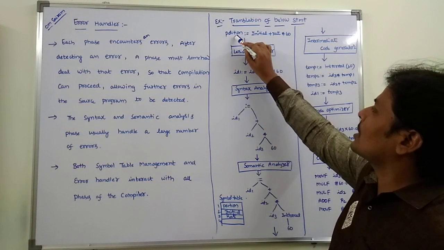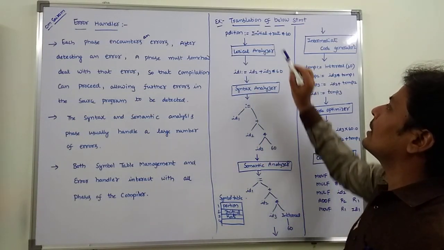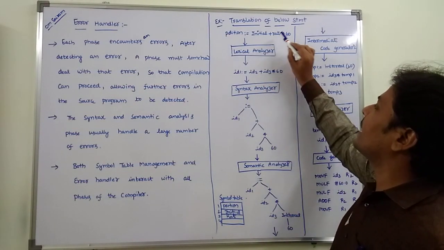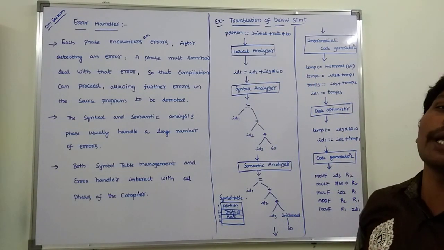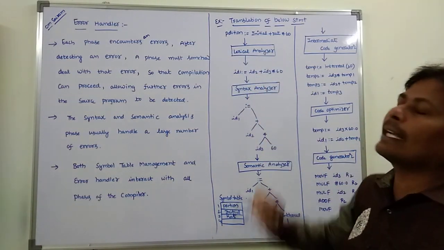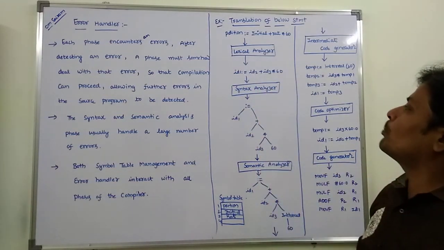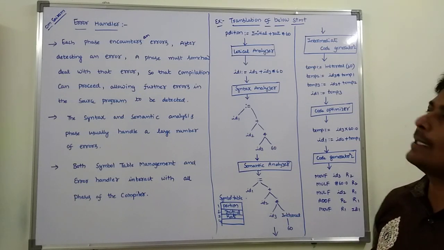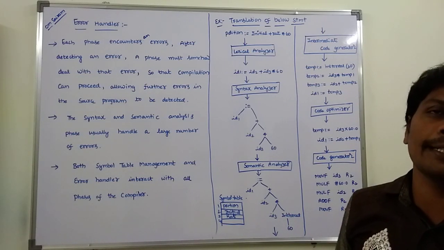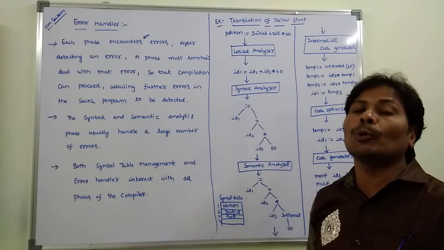So position can be taken as token ID1, initial can be changed to token ID2, rate can be changed to token ID3. So now this is the output of the lexical analyzer: ID1 is equal to ID2 plus ID3 into 60. This can be given as input for the syntax analyzer.